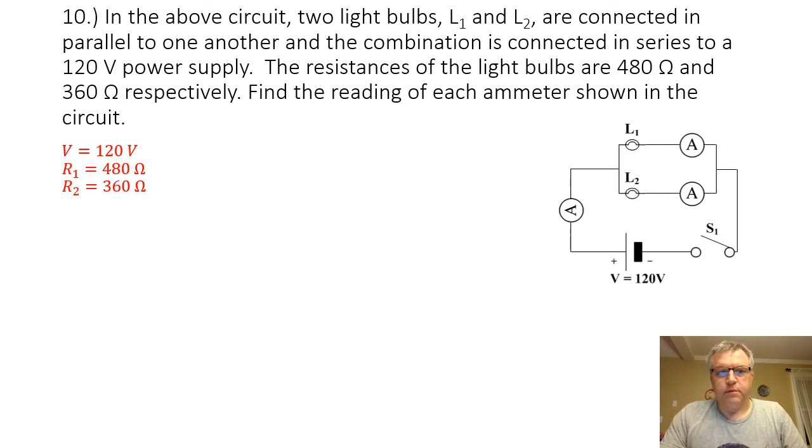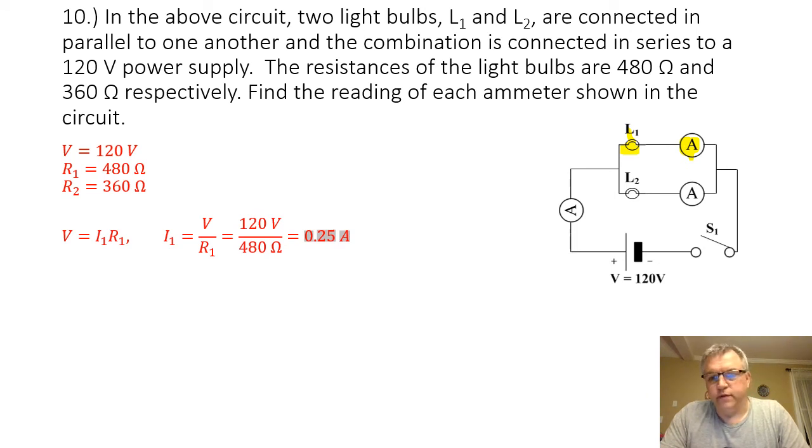So the first ammeter I'm going to want to find is the one that's wired in series with the first light bulb. We can see that this ammeter here is in series with the first light bulb. So to find the current going through that light bulb, I'm going to use the voltage of the circuit divided by the resistance of that light bulb, 480 ohms, and that is going to give me a current of 0.25 amps.